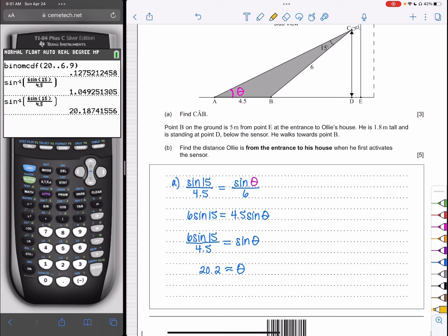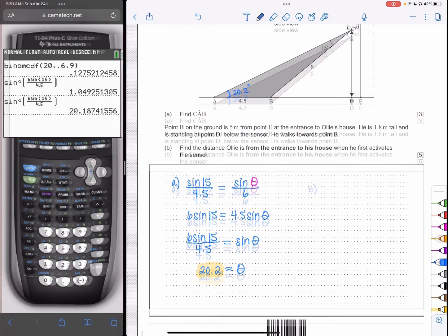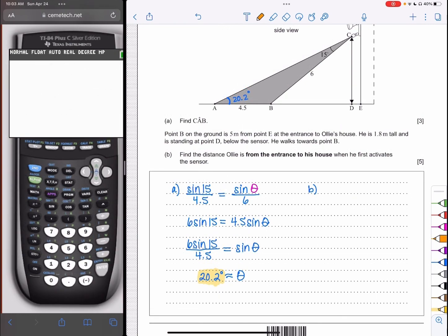So that is my answer there. Of course, when I find this answer, I'm going to go back on the picture and write it in because I may end up needing it again. So that's going to be 20.2 degrees.